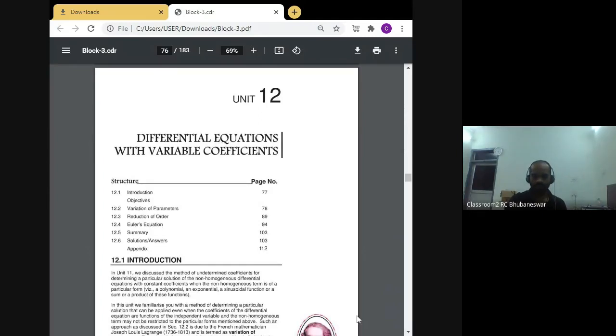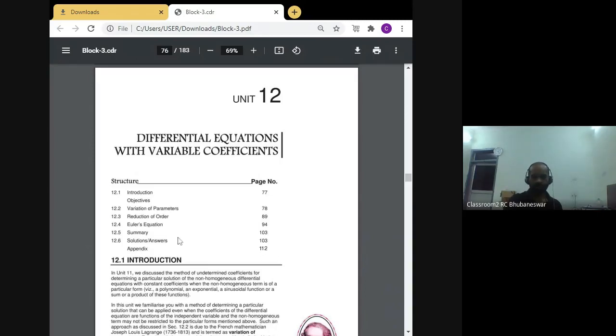Now look at the outline of this differential equation with variable coefficients. This particular unit contains a method to find the solution using the variation of parameter method, and next we are going to discuss the reduction of order. That means how we can reduce the order of a differential equation, and then solve.